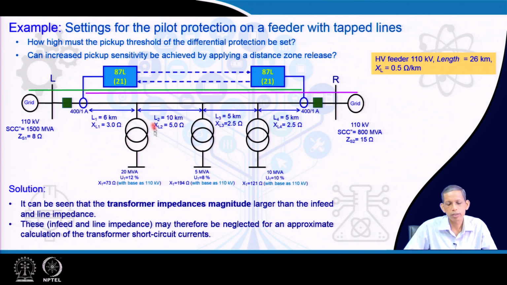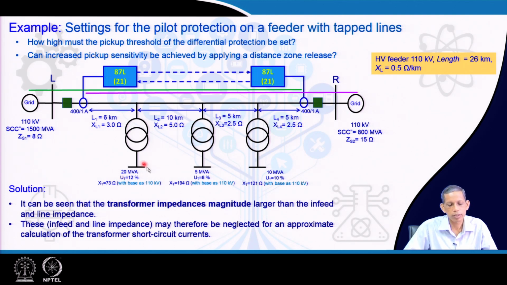When you see the largest capacity transformer, that will have smaller impedance as compared to the other transformers. So, this is 20 MVA, and the corresponding transformer impedance happens to be 73 ohm referred to the 110 kV side, the line side. This one has 194 ohm and this one has 120 ohm, referred to the 110 kV side.